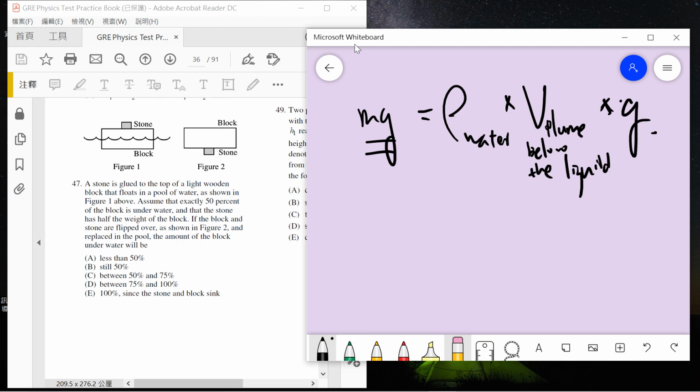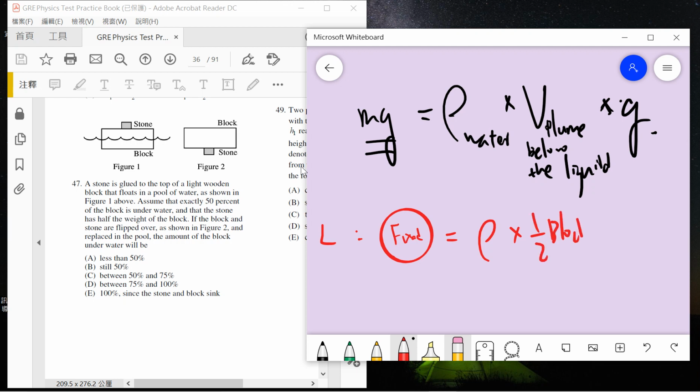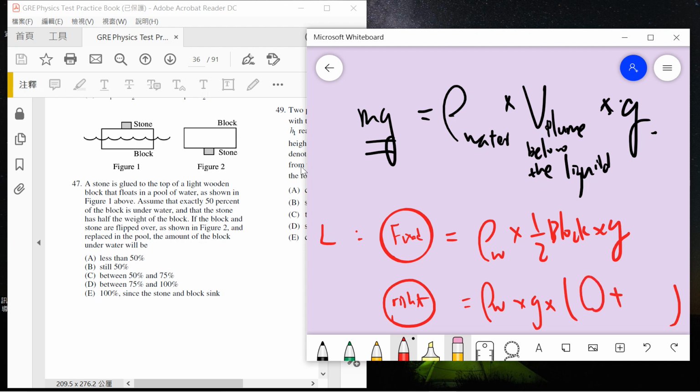Okay, so from the left diagram, we have something which is fixed equals water times a half of the block times g. And on the right hand side, we have the same W, same g, but something unknown plus at least a stone.